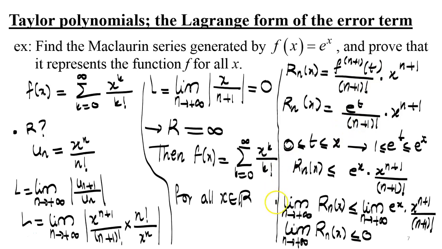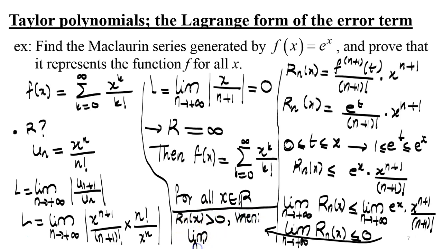So R_n of x in this case, for this function, being strictly positive, we can say that the limit when n is approaching positive infinity of R_n of x is equal to 0.